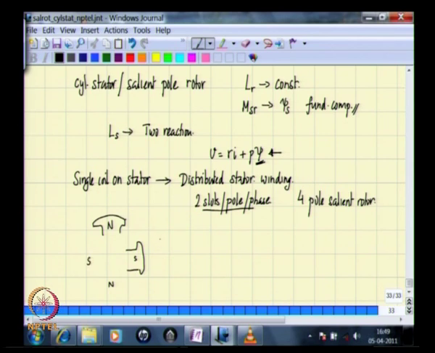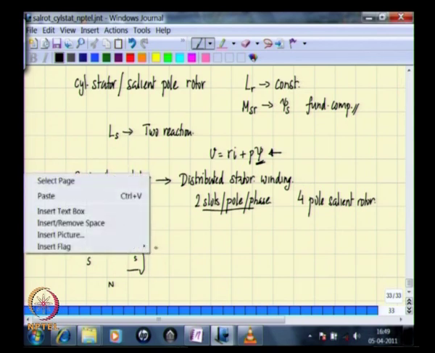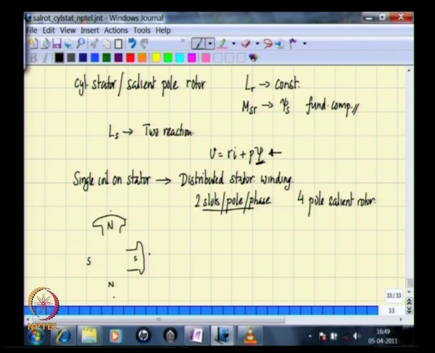So, which means if you look at the flux density distributions, the flux density would go from north to south, and then from south to north, that means one cycle of variation has been completed, and then again north to south to north is another cycle of variation that has been completed.